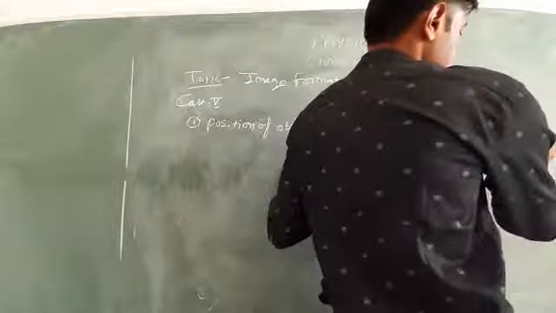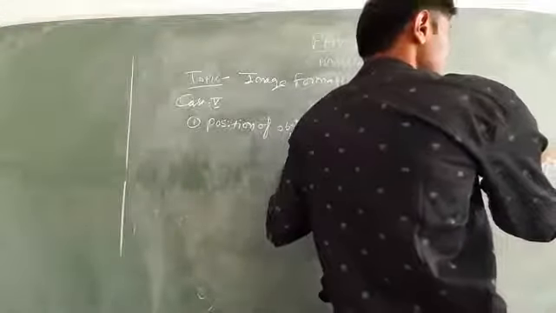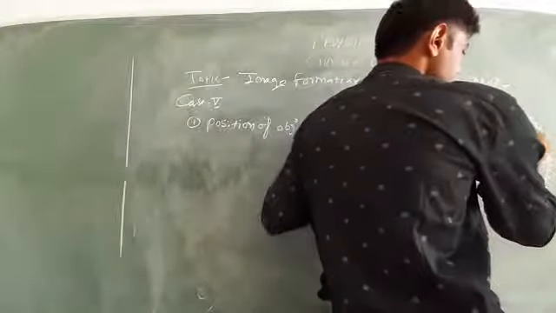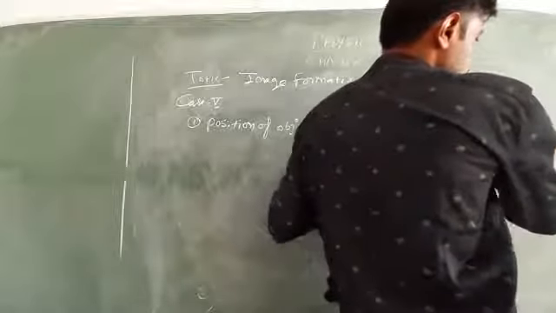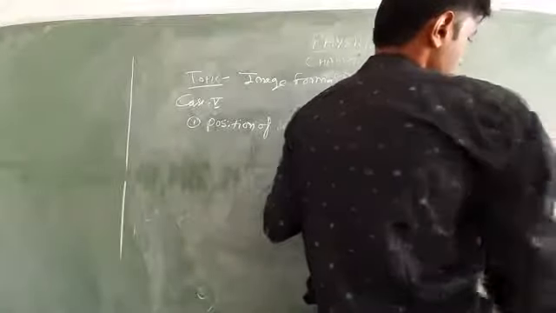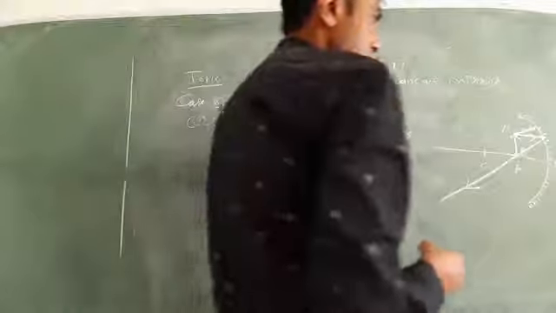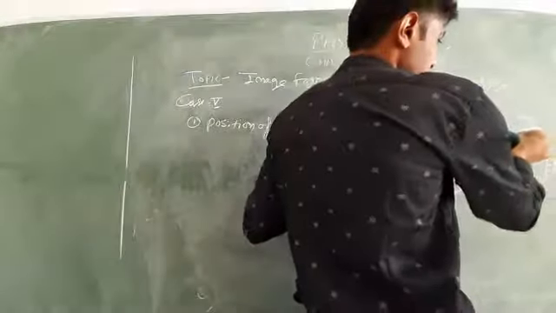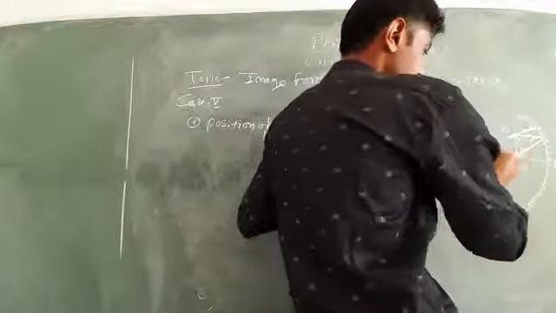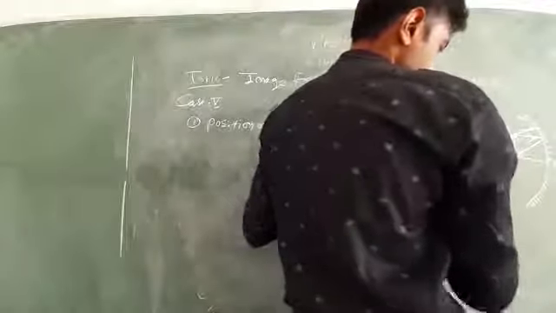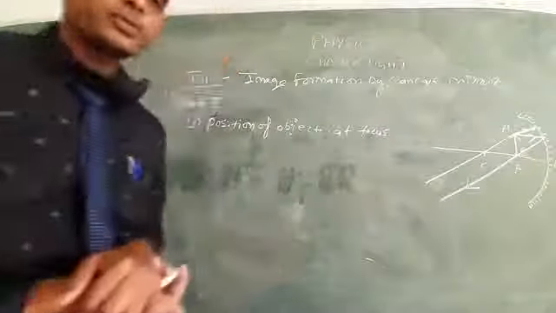Let another ray start from point A and be incident on the mirror such that after reflection it passes through the center of curvature.